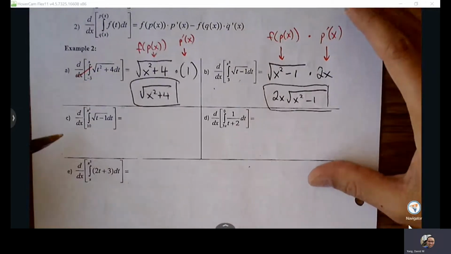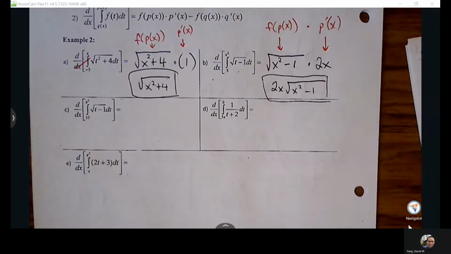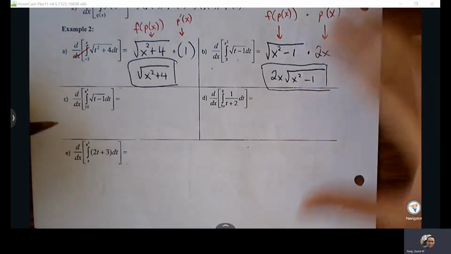Okay, try part C. Part C should feel very similar to part B. Okay, what did you guys get for part C?